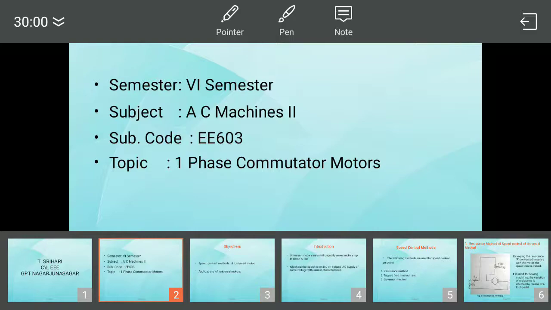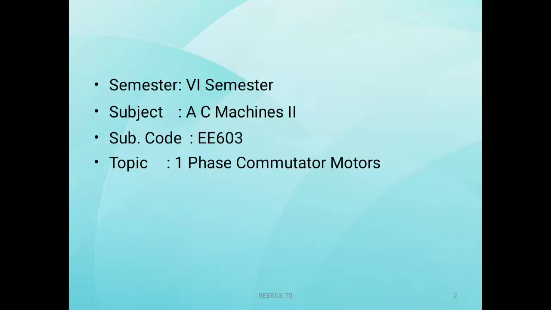AC machines to single phase commutator motors.